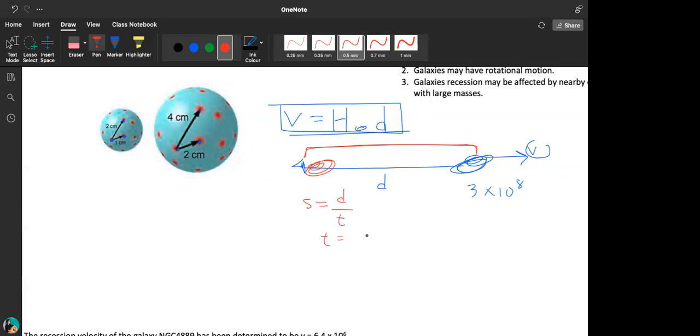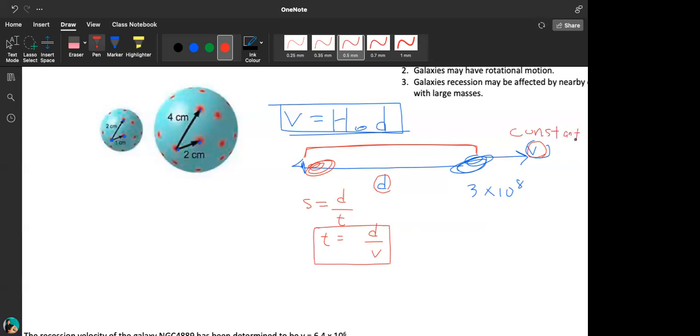Time is distance divided by speed, or the v. That means if I take this d divided by the speed of the galaxy moving, then I can get the time where the separation occurred, like how long ago it occurred. Assuming what? What is the assumption we make here? The assumption is that this is a constant v.